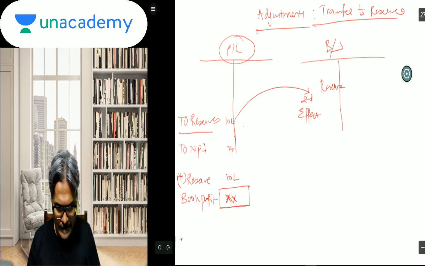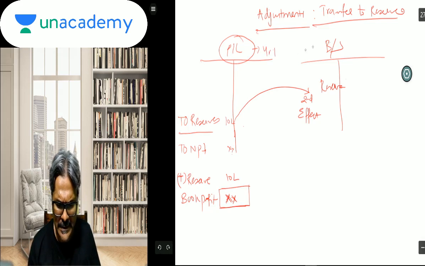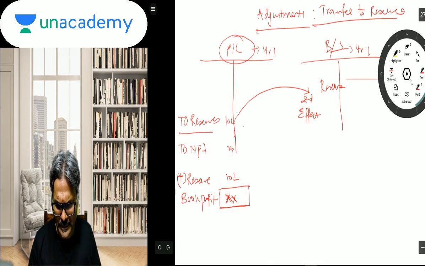Okay, so this is the adjustment. However, students, now say for example these are the year 1 adjustments. Now what will happen, students? Please pay attention.